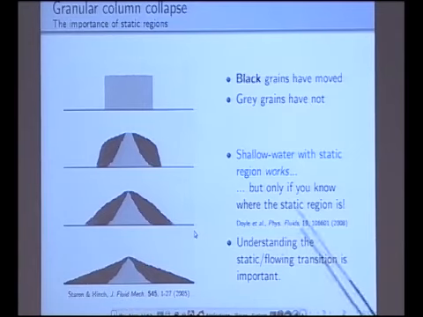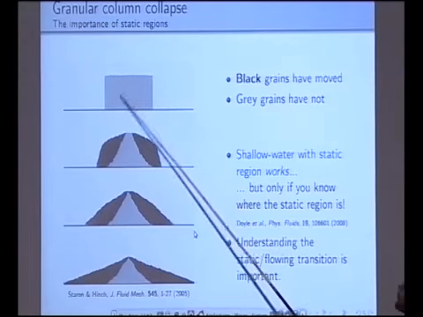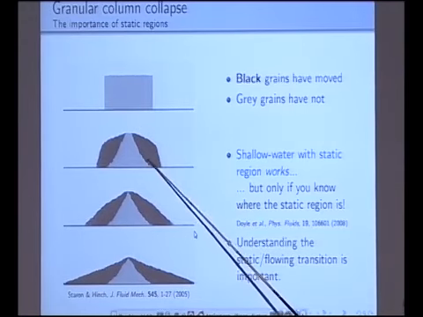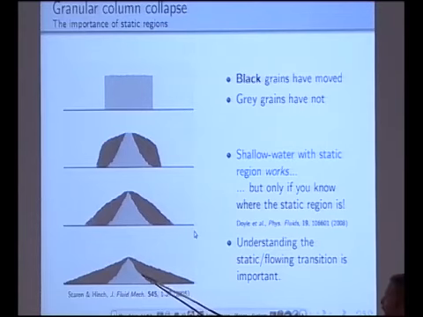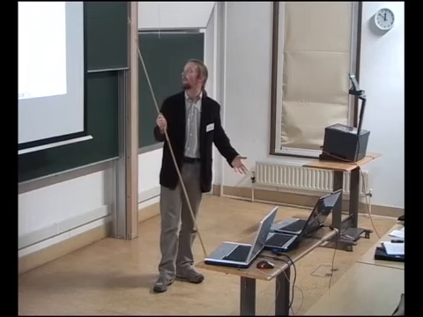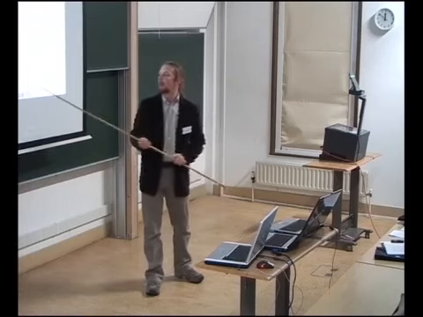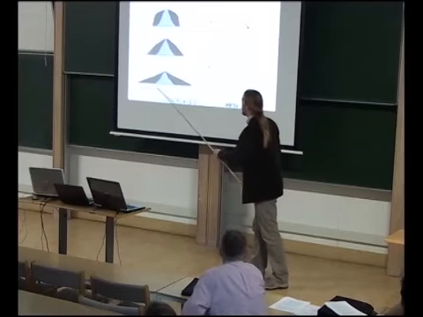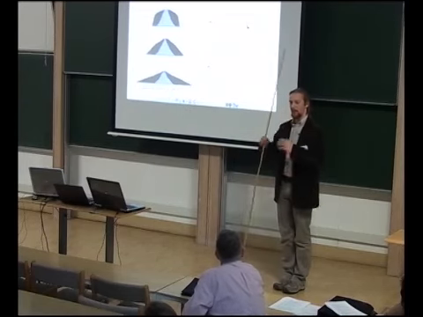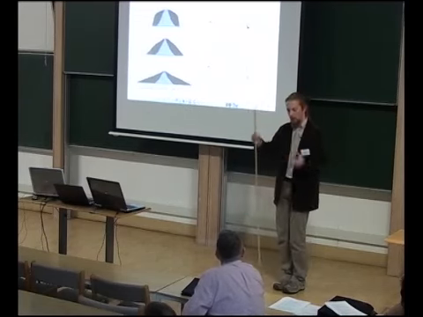Another good reason why we want to worry about plasticity is if you look a bit more carefully at these collapse flows. This is now a DEM simulation done by Lily Staron and John Hinch a few years ago. And the idea here is it's exactly the same problem. You've got a column collapsing, and if grains move, they color them black, and then they stay black for the remainder of the flow. And the important thing to note is at the end, you get this nice static wedge, which never moved at any point during the collapse.